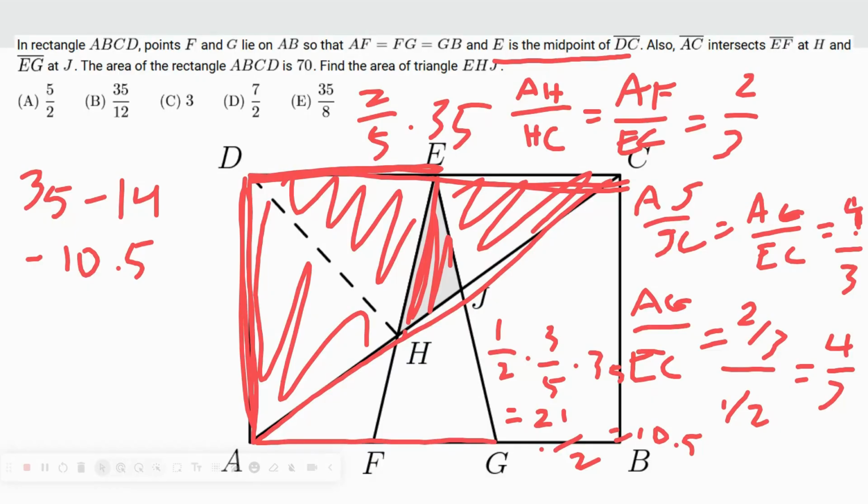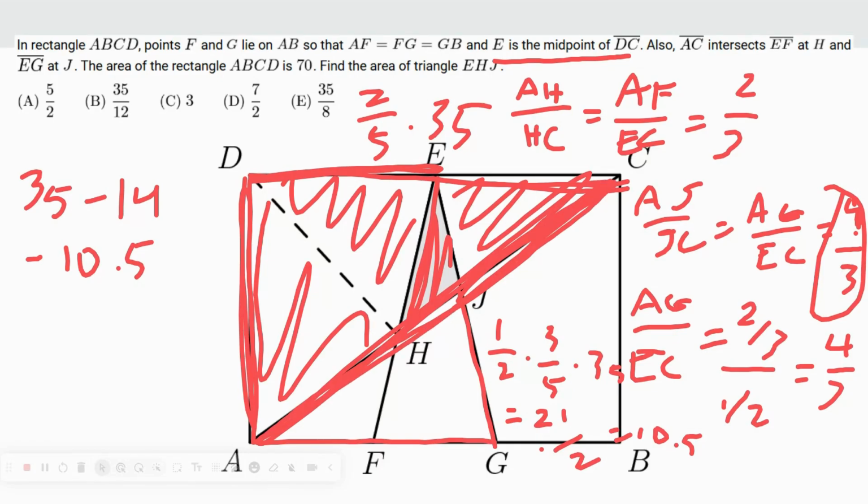Now, the last area we need to find is the area of triangle EJC. So from similarity, JC is equal to 3/7 of AC, because we found this ratio over here. So because JC is 3/7 of AC, then the triangle EJC is 3/14 of triangle ACD.